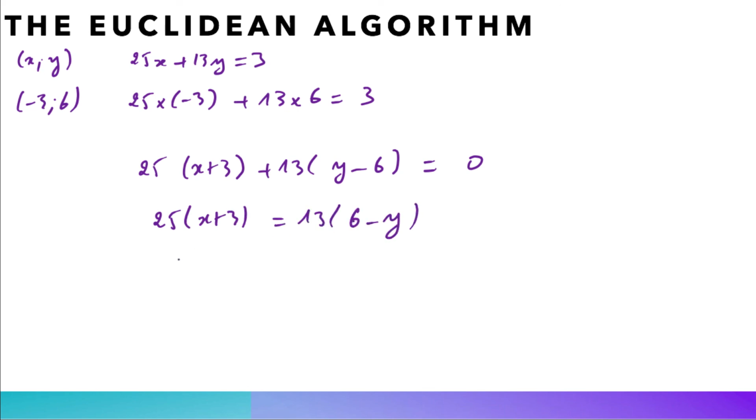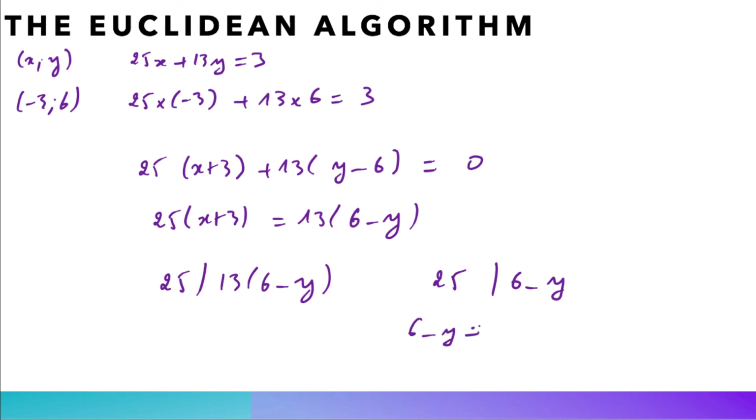Now let me remind you that all the terms here are integers, and this means that 25 divides 13 times (6 - y), which means that 25 must divide 6 - y, and this is by the Gauss lemma, because 25 and 13 share no common divisor greater than 1 of course. Thus, there is an integer k such that 6 - y is equal to 25 times k, which is equivalent to the equation y = -25k + 6.